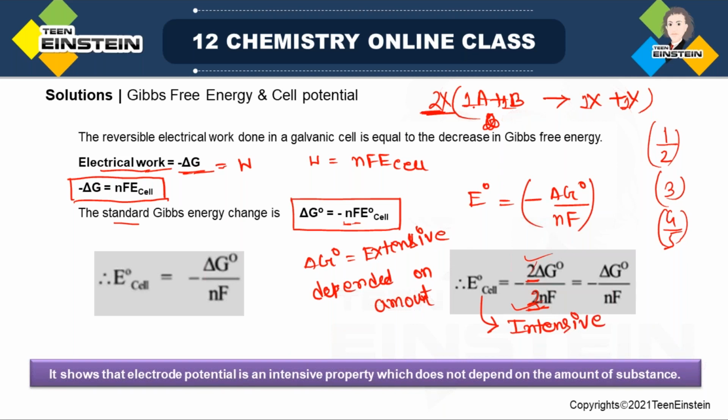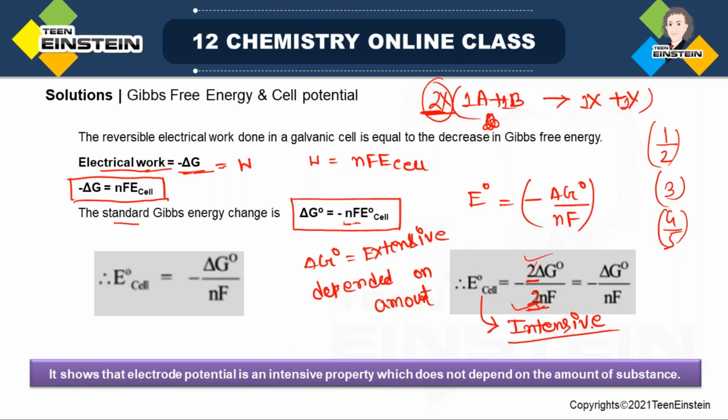Don't think that when you do the reaction with coefficient 1, that is A plus B equal to X plus Y, the E naught cell you get will be different from when you multiply by 2. No, they will be the same, because it is not dependent on the amount of starting material you have taken. Whether you take 2A, 2B or 1A, 1B, it will always be the same because it is an intensive property. But del G is not an intensive property, which is why it is dependent on the amount of substance.